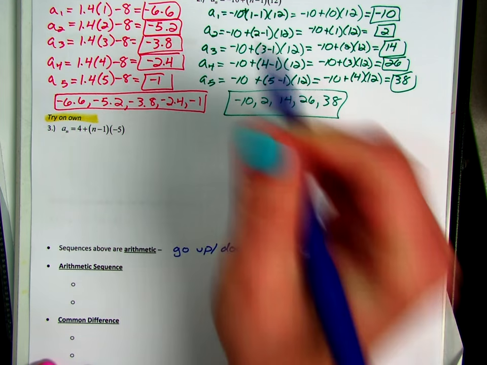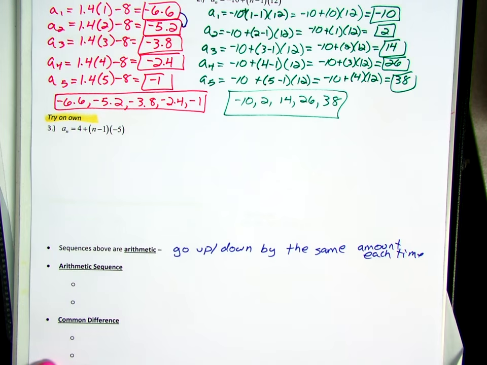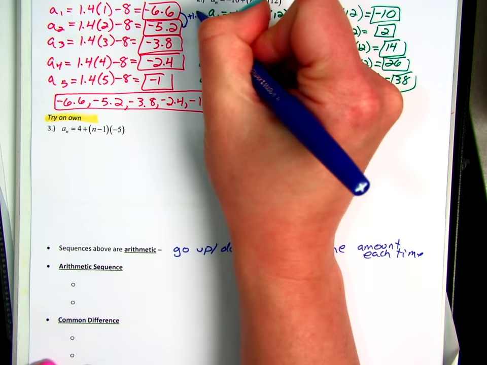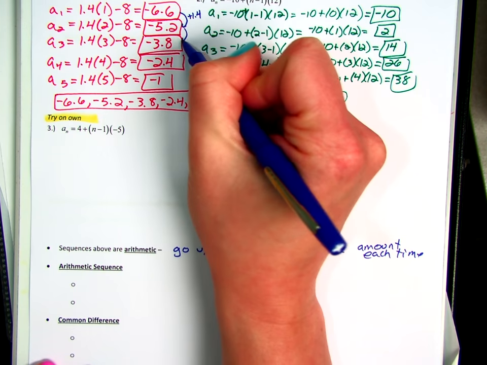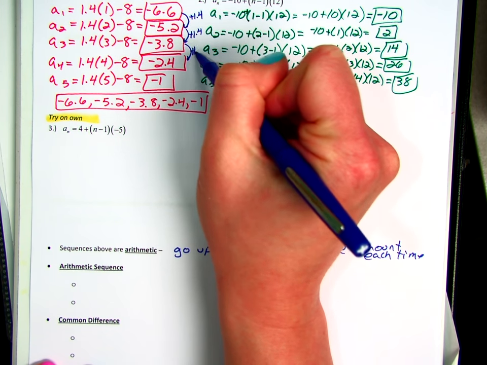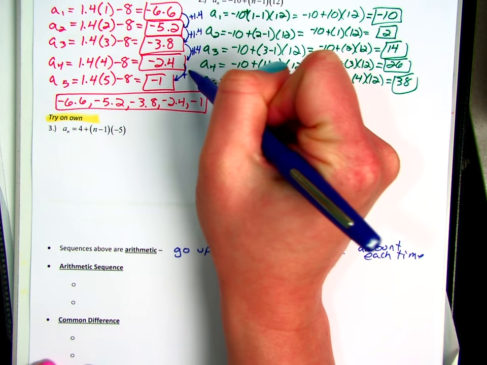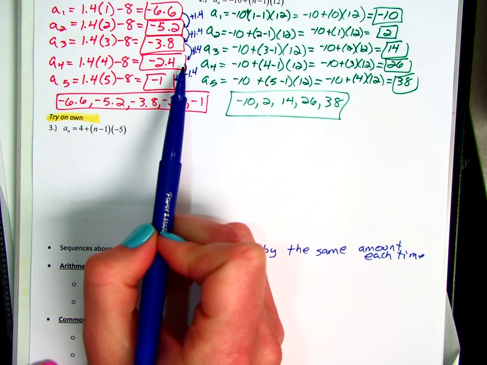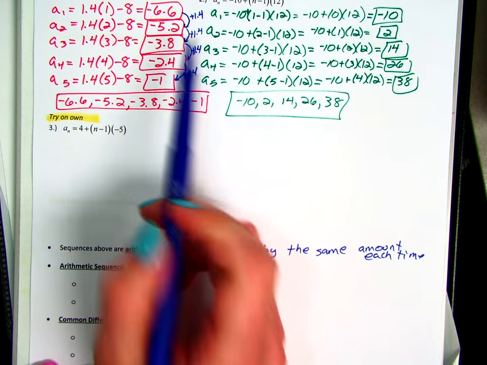What I mean by that is this. If I'm trying to move from negative 6.6 to negative 5.2, wouldn't we just add 1.4, and then add 1.4 again to get to the next one, and add 1.4 to get to the next one, and add 1.4 to get to the next one? So I know that this is an arithmetic sequence because I can add the same amount to the previous term to get the next term.